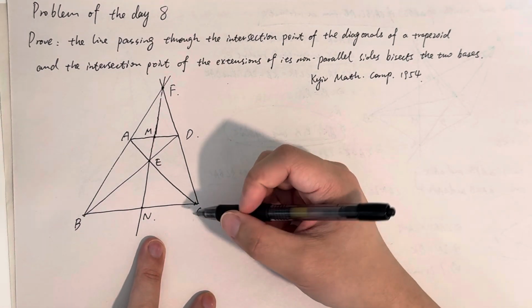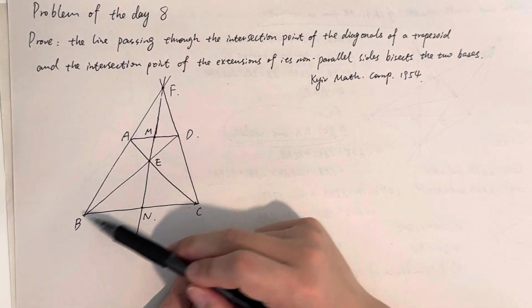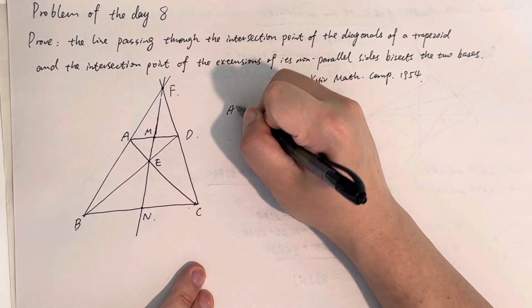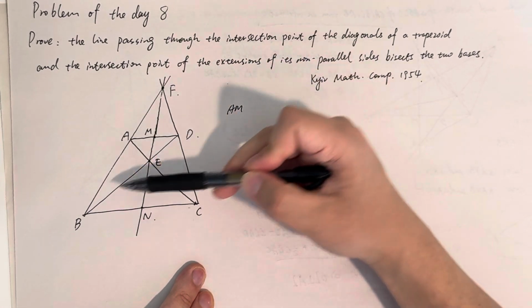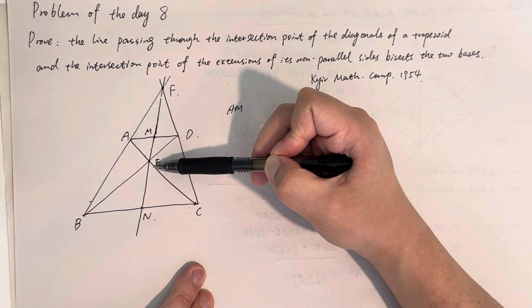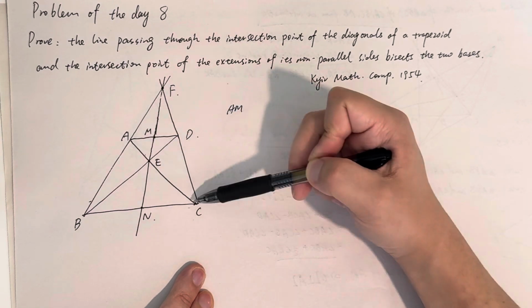So for this problem, the first thing that we notice is that AD is parallel to BC. Because AD is parallel to BC, we know that this angle equals this angle, and this angle equals this angle.